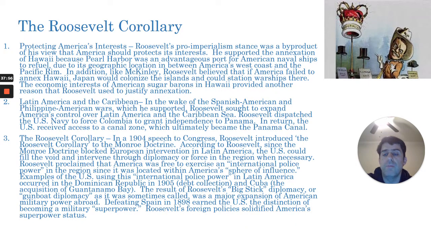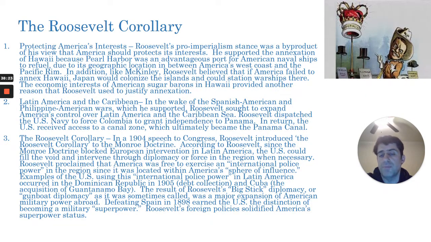Prior to Roosevelt becoming president and outlining his foreign policies and setting out to enact them, America was not a military superpower, and it was not really interested in the affairs beyond its own shores unless it was absolutely necessary.